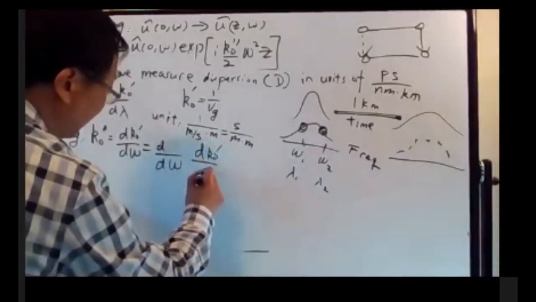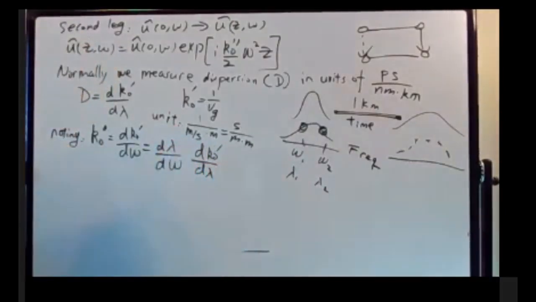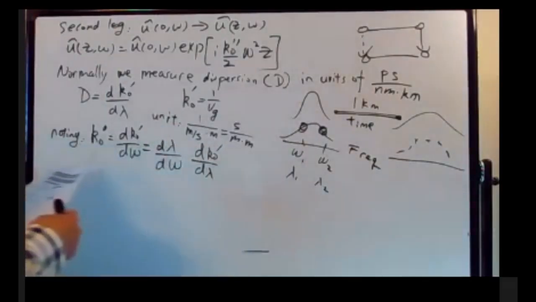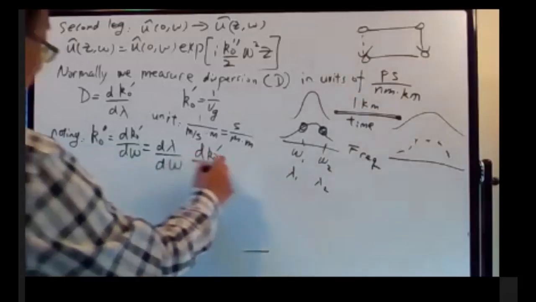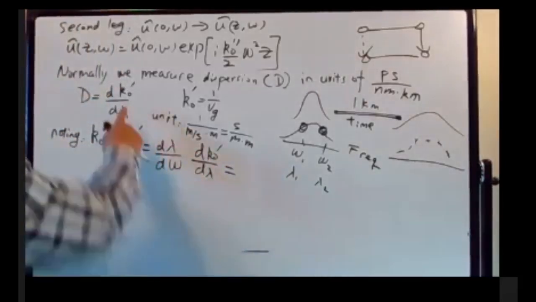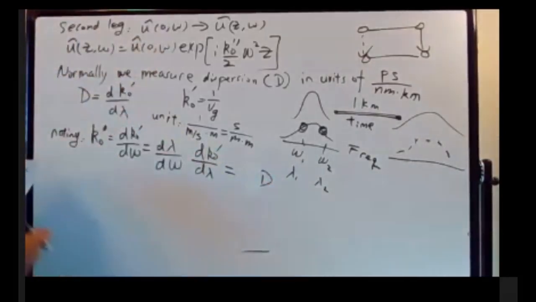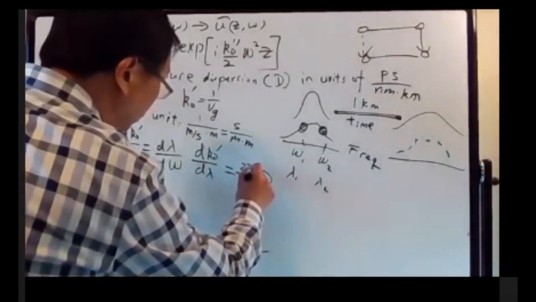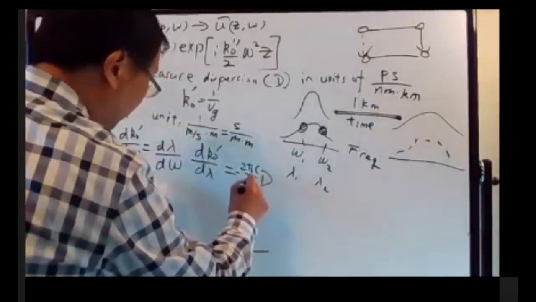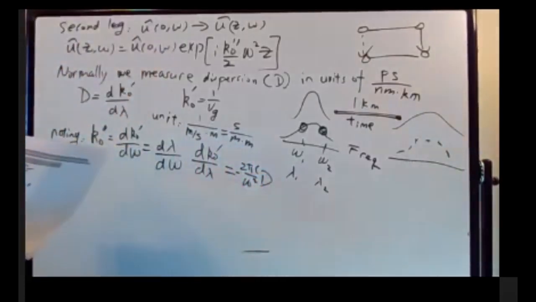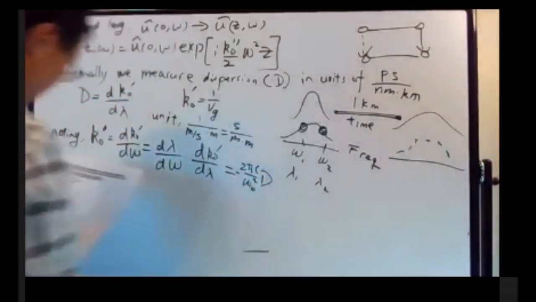And then we add a d lambda there, d lambda d omega, right? Now let me write it down directly. So what is this piece? This piece is D, right? And d lambda over d omega is negative 2 pi c over omega naught square, right?